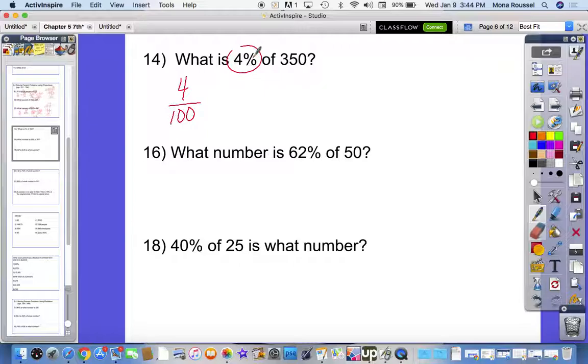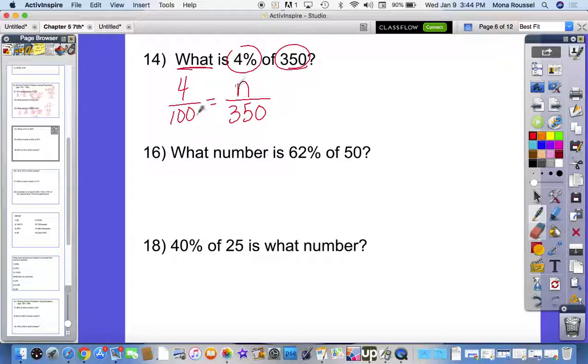So 4% means 4 out of 100, just like we learned when we changed percents into fractions. 4% of 350, so 350 is our total. And the other term would be the variable because that's the unknown, the what.